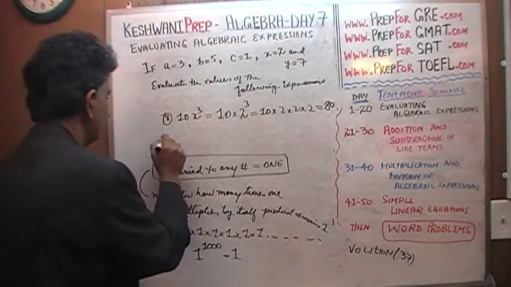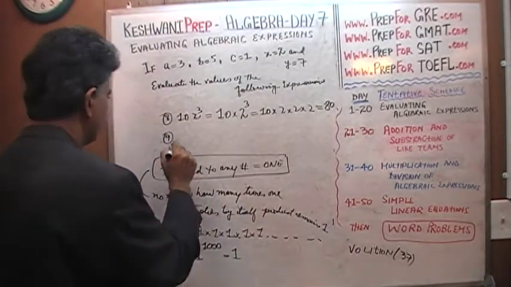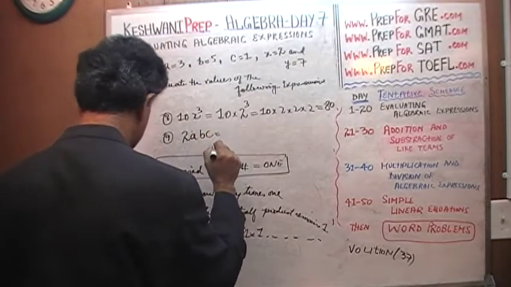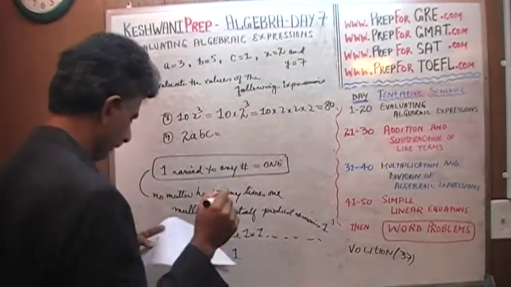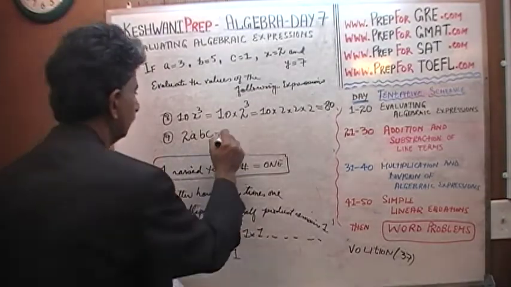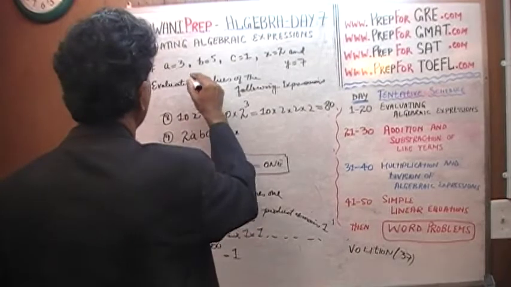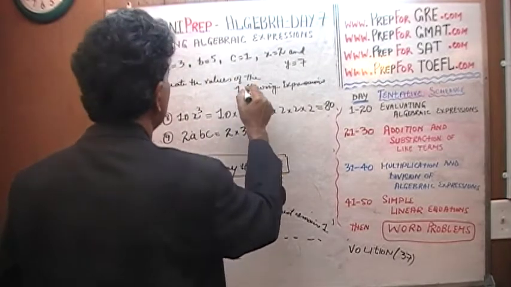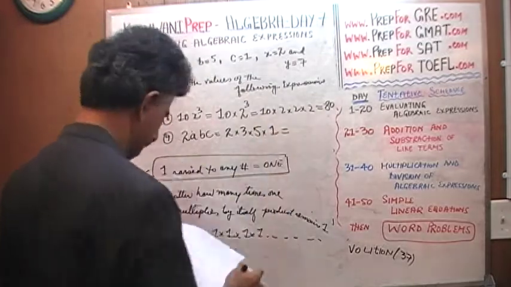Number 9, the penultimate one. 2 times a times b times c. Something is missing here. That's not what I have written down in my notes. 2 times A times B times C. Oh, I see what happened.